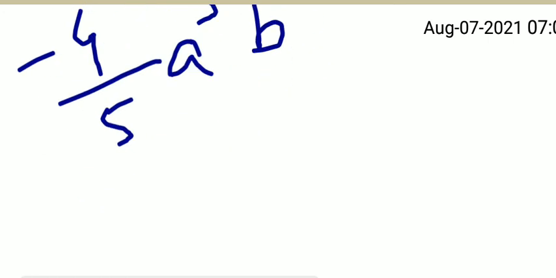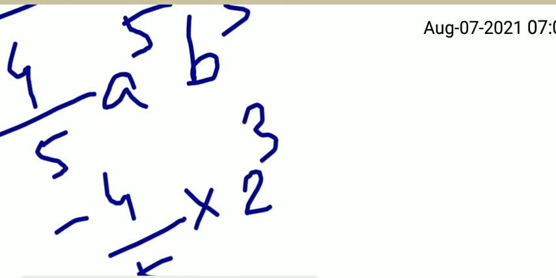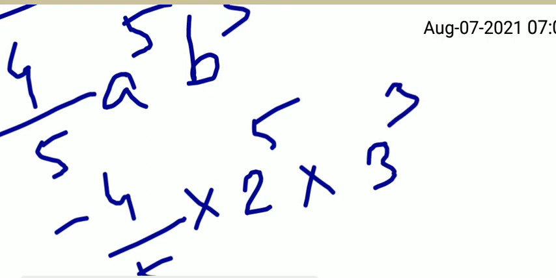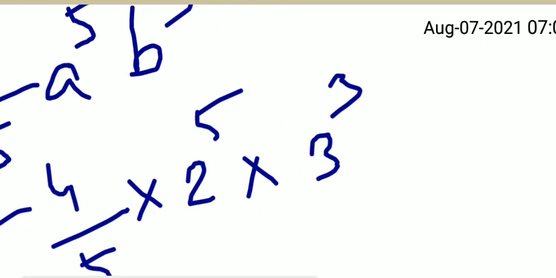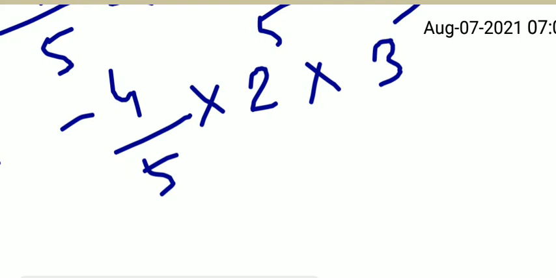So just put the value. Minus 4 by 5, 2 to the power 5 for a, into 3 to the power cube for b cube.